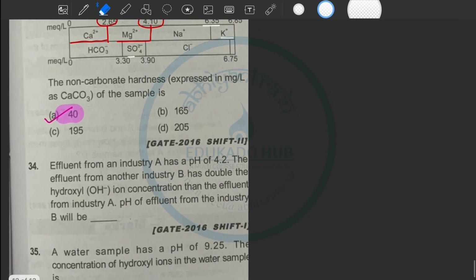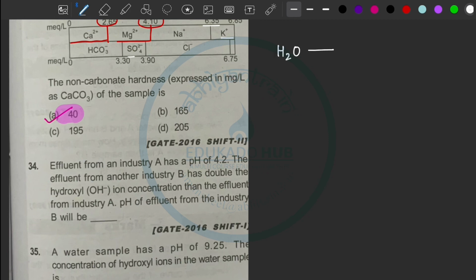So here the term pH came. pH is nothing but the measure of the potential of hydrogen ion concentration. When any substance dissolves in water, it dissociates in water either in terms of H plus ion or OH minus ion. That means water is broken into H plus ion plus OH minus ion.